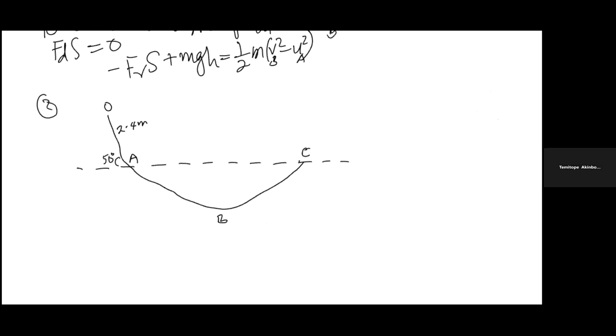The straight part OA has length 2.4 meters and makes an angle of 50 degrees with the horizontal.